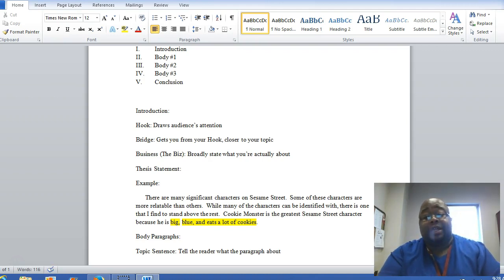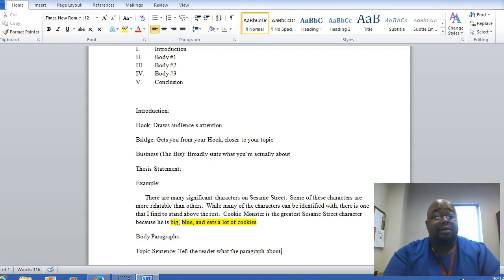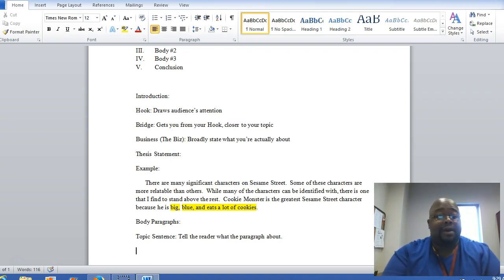Now, I'm not saying that you say here, hey, this paragraph is about Cookie Monster being blue. You know, we could be a little more creative in how we approach that, and I'll give you an example in a minute. But the topic sentence tells the reader what the paragraph is about.